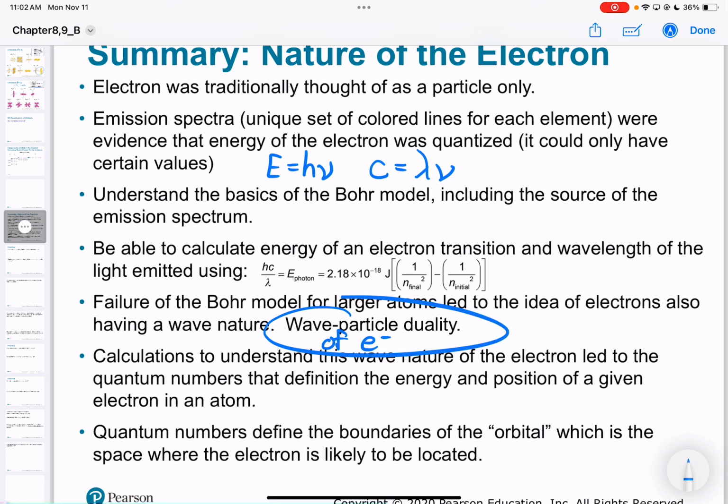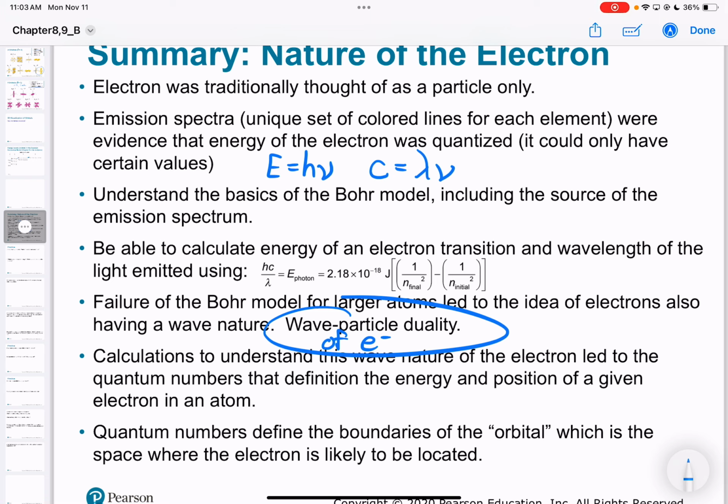Now that happened to light too. We thought of it only as a wave, then we started to think of it as a particle and landed on this idea that we have to think of it both ways sometimes. But the end result that we care the most about is the model of quantum mechanics that's based off of viewing the electron not just as a single particle, but as having wave-like properties.